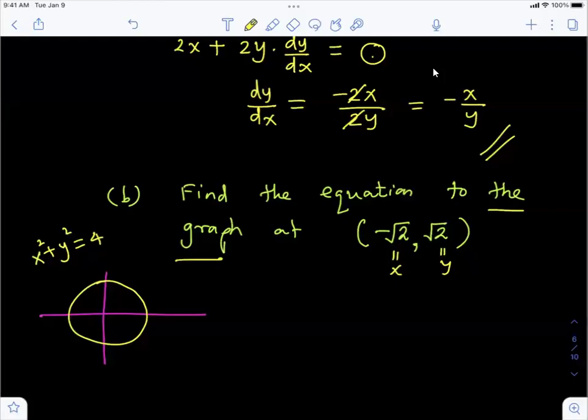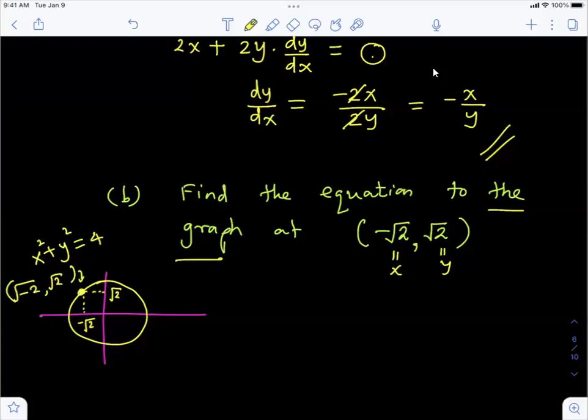So that simply means if you consider this particular point, negative root 2, positive root 2, that particular point is right here on the graph. So I will just write it, negative root 2, positive root 2. That point is exactly right here.